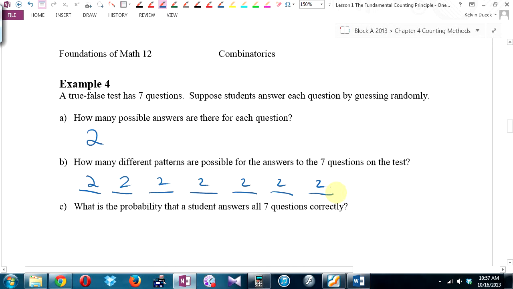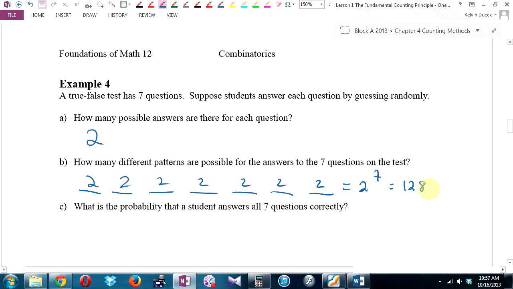Is there a shortcut for multiplying 7 2's together? Did you learn a handy-dandy notation with exponents? Are you saying this is really the same as, what's that? Sorry? 128? That's how many different answer keys you could create.